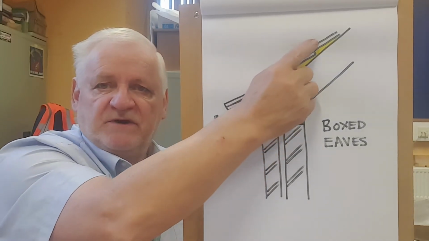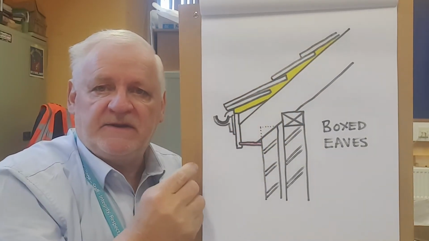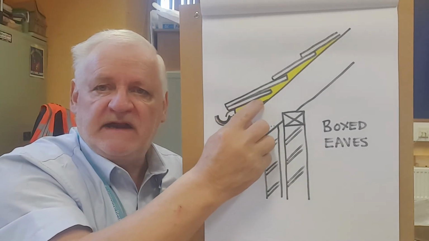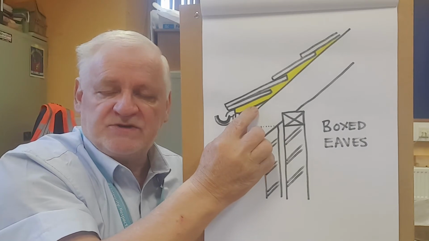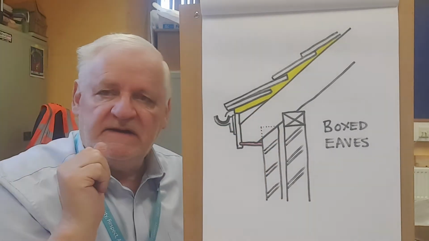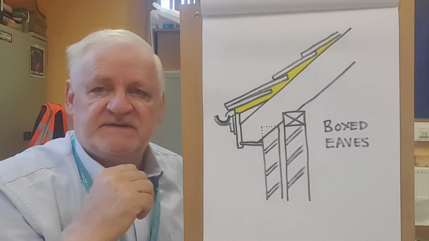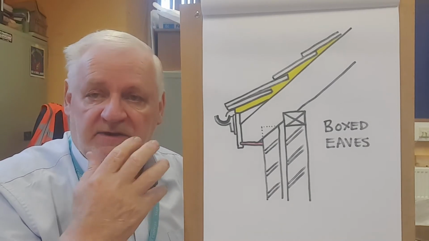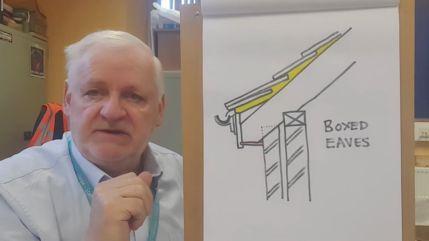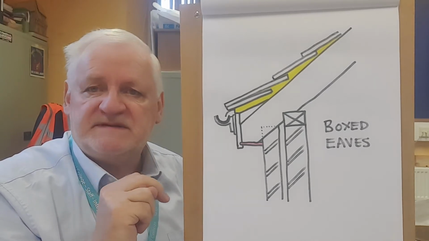You'll also notice you've got your tiles or slates laid on, and you'll also notice this yellow portion here. Just underneath the yellow portion will be a very thin layer, generally of asbestos or some other material. In an old building it would be asbestos, but in a new building it might be just a fireproof material.